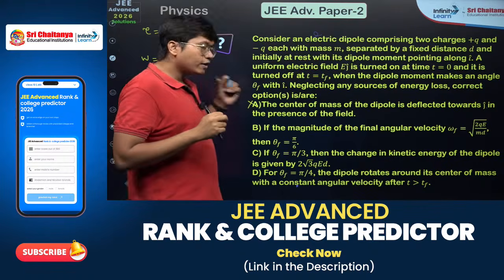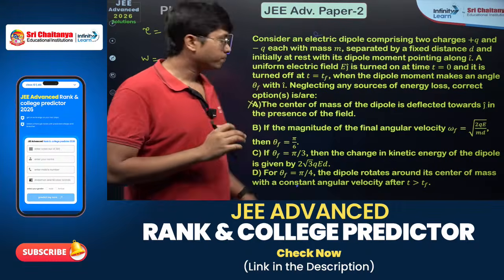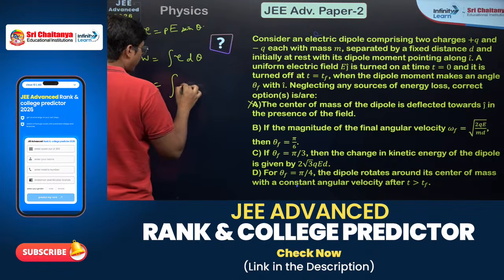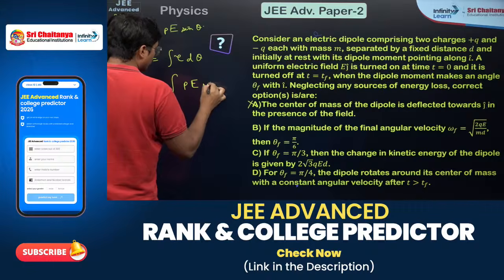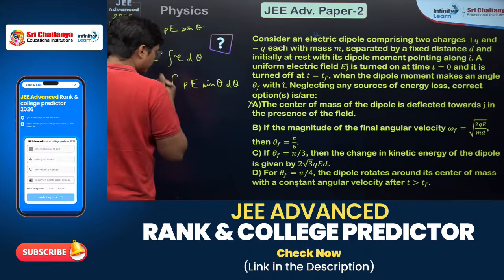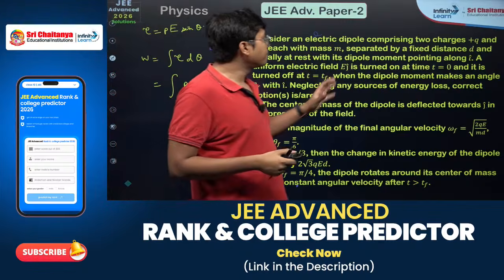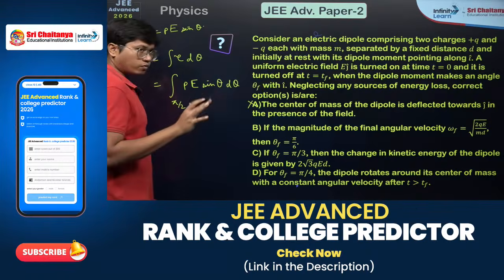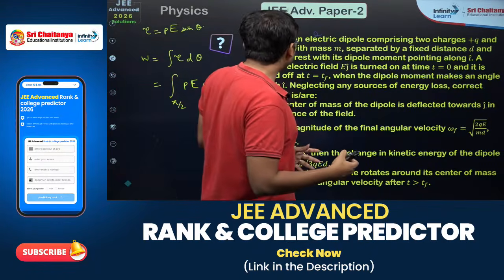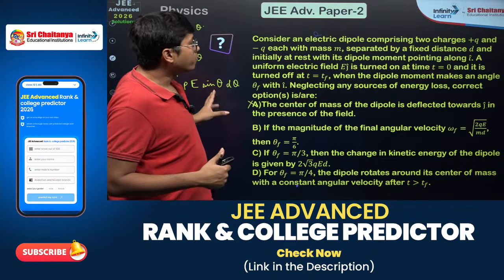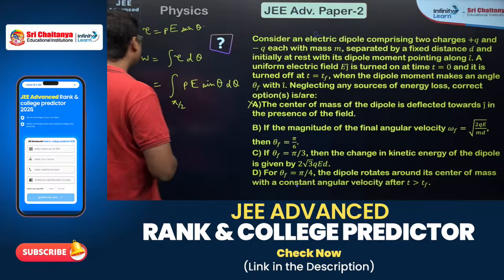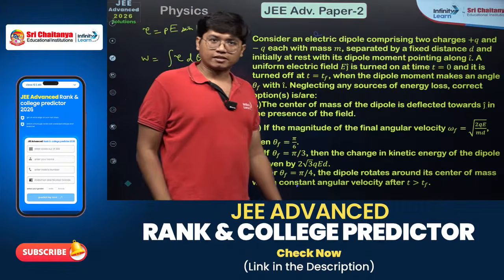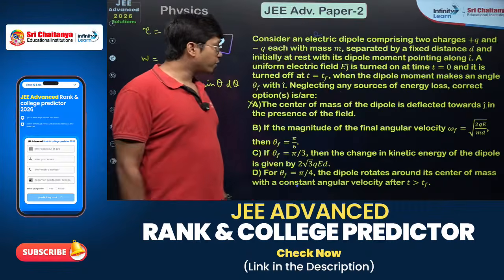Now over here I believe is where most students made a mistake. They are perpendicular, right? So if you put PE sin theta d theta, initial position was that they were perpendicular to each other, because this was in i cap, that was in j cap. So it's pi by 2, no problem. Next it is said that the dipole moment makes an angle theta f. So students have put theta f here, and that is where the mistake is. Because this is why you should read a question very carefully.